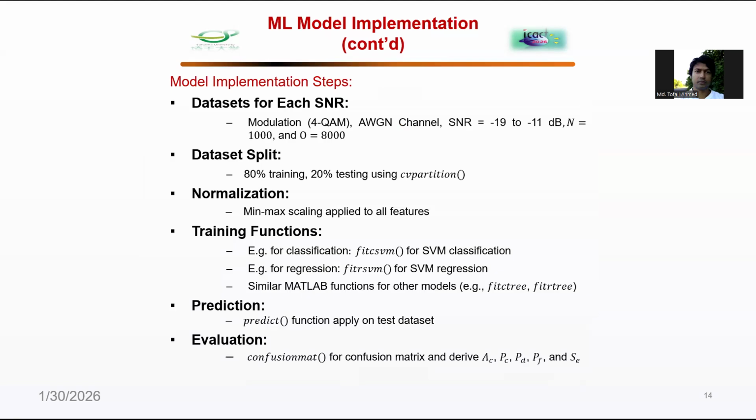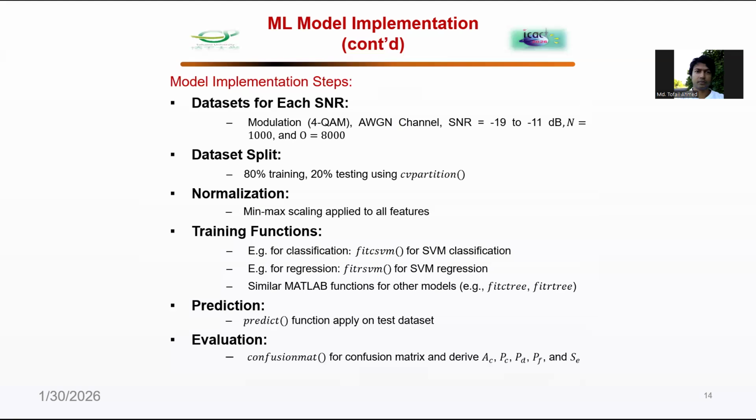Now let's walk you through the exact steps of how we implement and train our machine learning models. Our dataset is simulated with input signals for QAM over an AWGN channel across low SNR values from -19 to -11 dB.